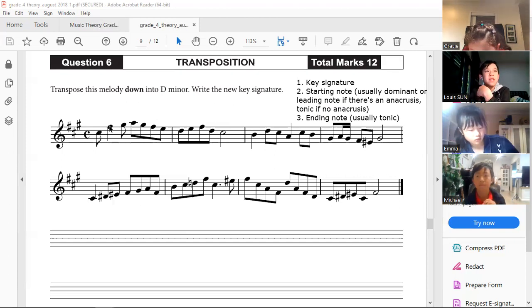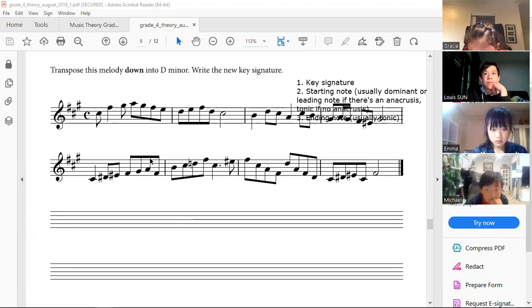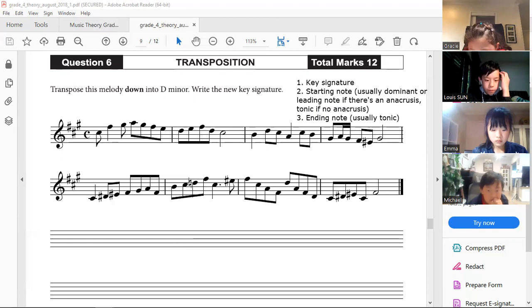So you have to copy that down and then transpose it into D minor at the bottom. Because I went straight into the transposing part, can I write the original melody down below it? Yeah, sure, why not?